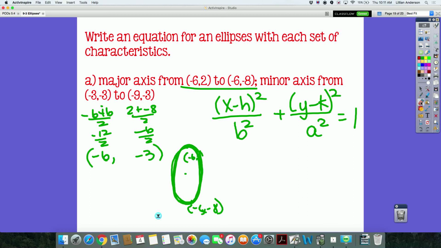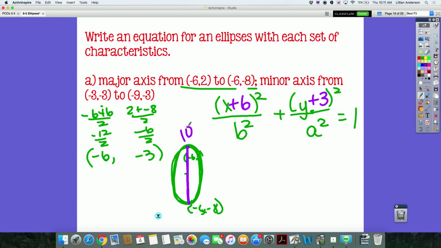So then we can go ahead and replace our h and our k with those values. So it's going to be a plus 6 and then a plus 3. To find the value of a, since we know that the major axis is from negative 6, 2 to negative 6, negative 8, that is a total distance of 10 units.